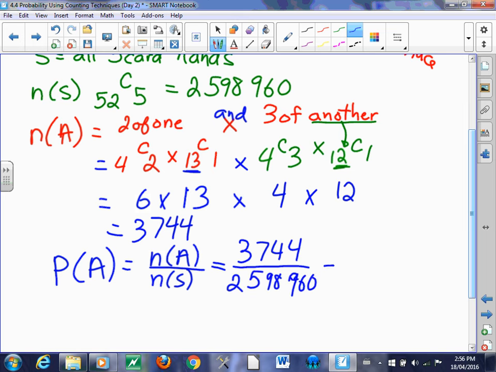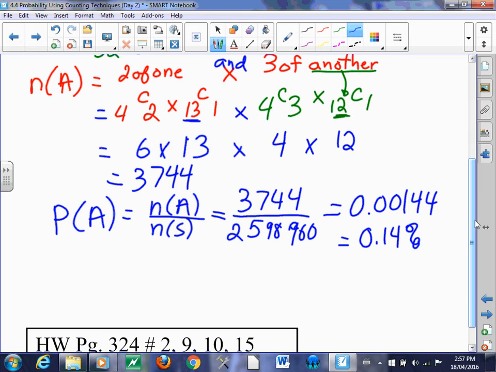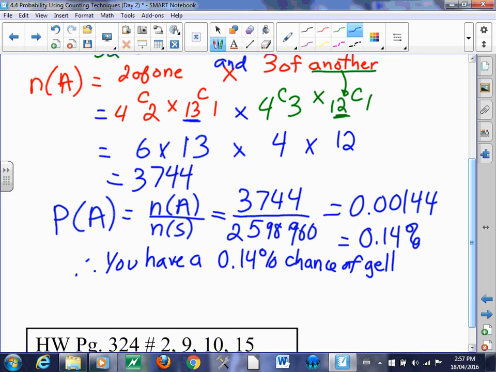Plug this in your calculator, folks, and you're going to get a small number, and hopefully you realize that when you're playing cards, the odds of getting things are low. So that equals 0.14%. Therefore you have a 0.14% chance of getting a full house.